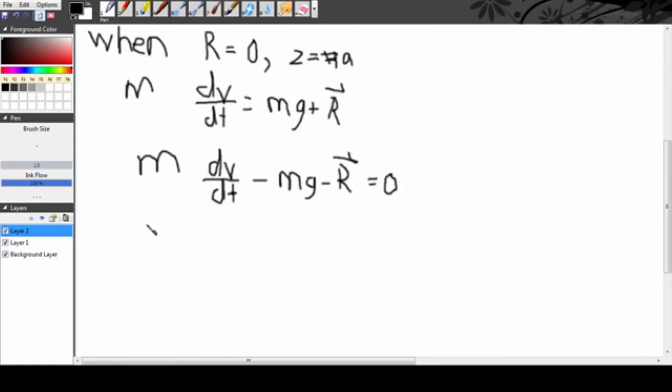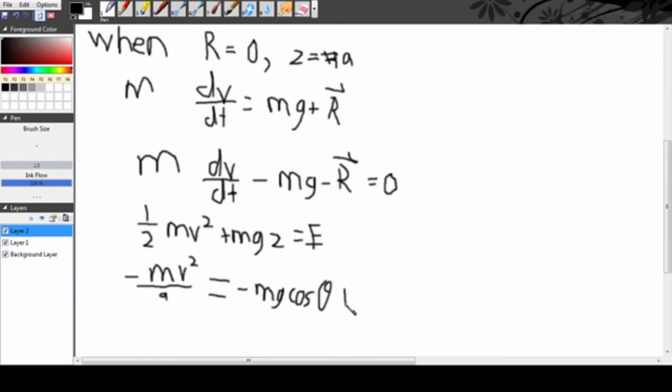Now we know that 1/2 mv squared plus mgz is equal to the total energy. That means that negative mv squared over a is equal to negative mg cosine of theta plus r.